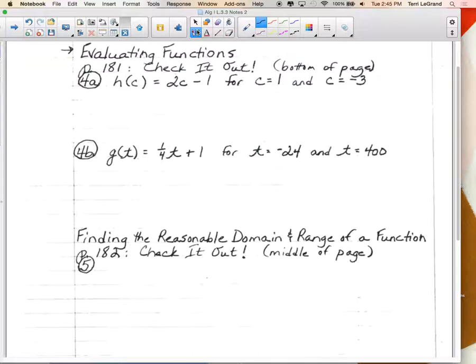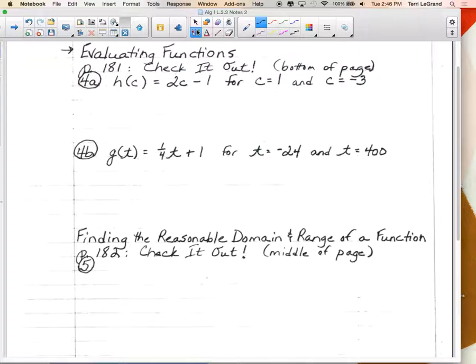And what is the dependent variable? H of c. Just like f of x is the same as y, and y is the dependent variable. H of c is the same as y, it's the dependent variable. So the dependent variable h of c is equal to taking the independent variable c times 2 and subtracting 1.